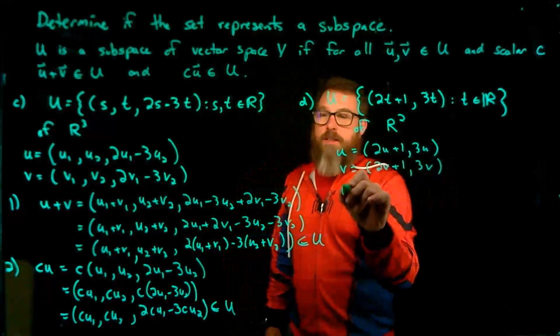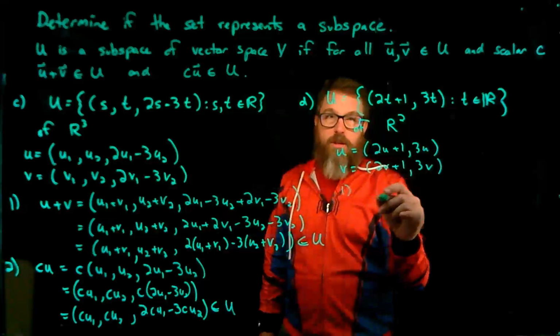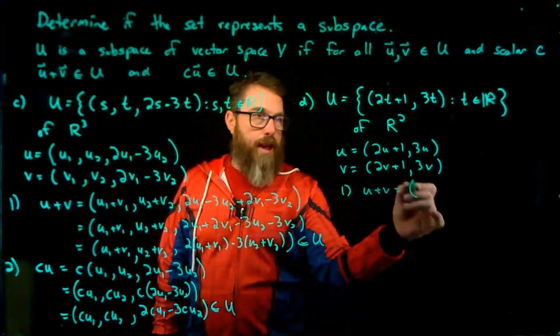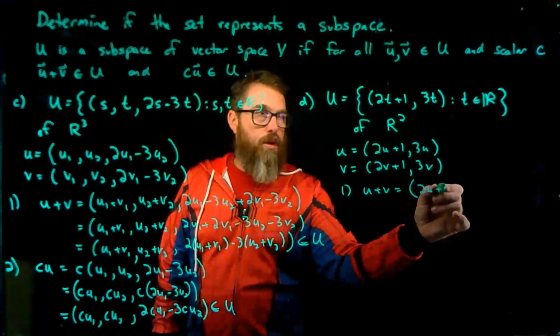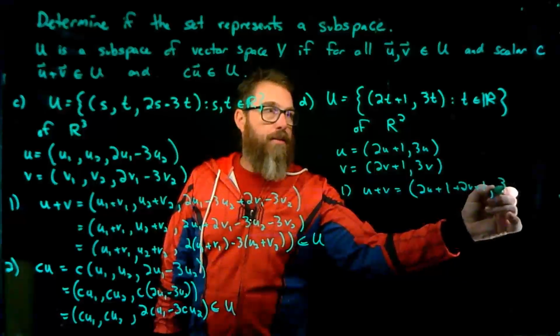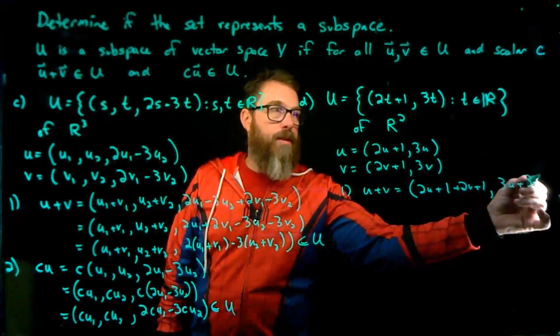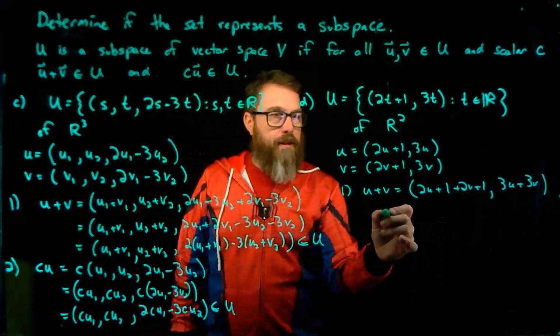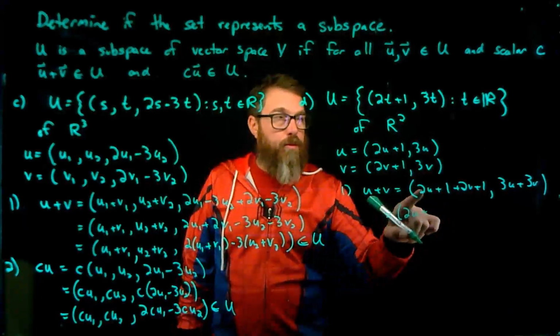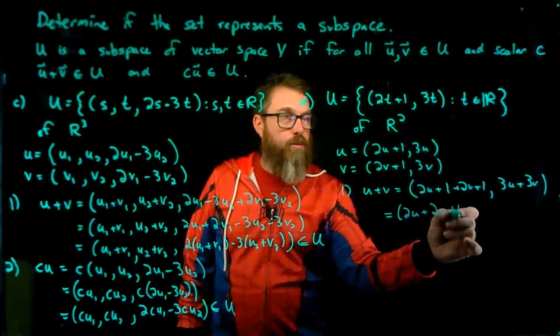So now I have to test the first property. Is it closed under addition? So let's say U plus V is going to be equal to, when I add these two vectors, 2U plus 1 plus 2V plus 1. And over here I'm going to have 3U plus 3V. So I'm going to reorder these: 2U plus 2V and then plus 1 plus 1.